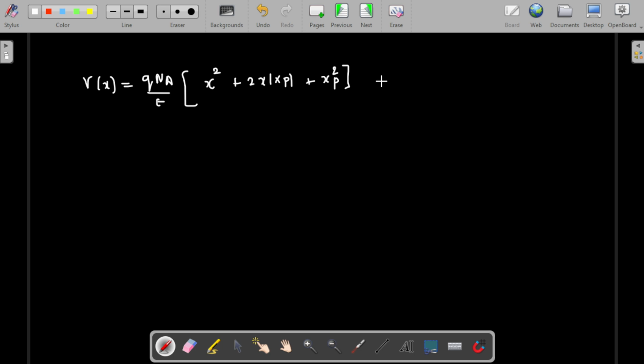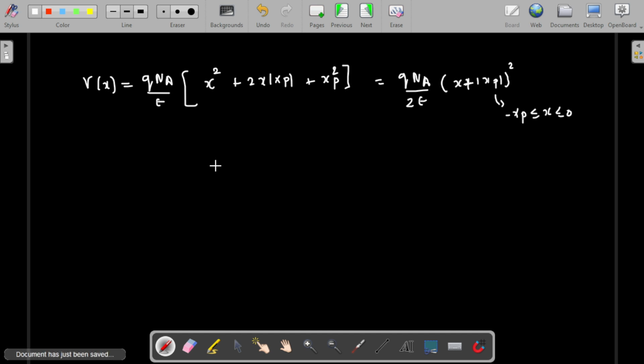If we simplify this, we get Q Na divided by 2 epsilon times the whole square of x plus xp. Okay, so I hope you guys are able to understand. This is the voltage from minus xp to x, because we took the depletion region in the negative region. Similarly, in the n region, we can calculate it.